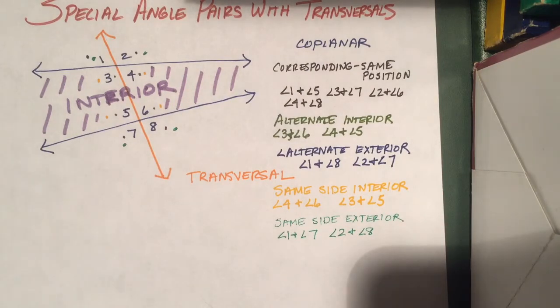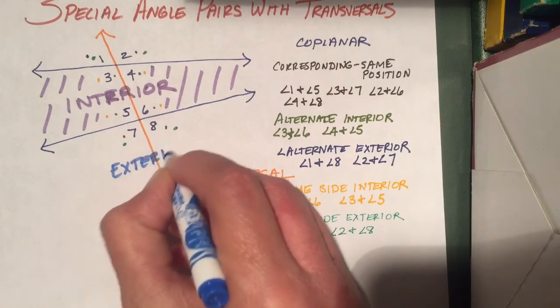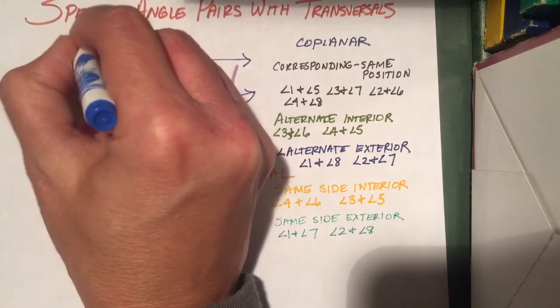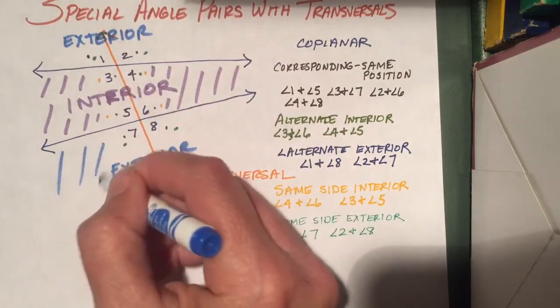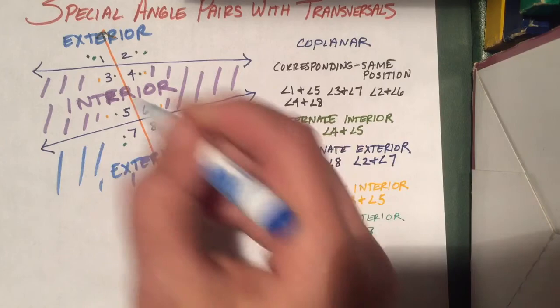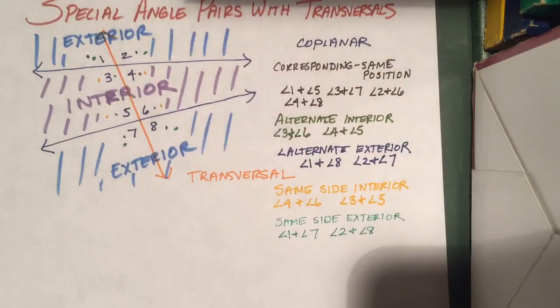So when we're looking at alternate interior, alternate exterior, etc., we're looking on the interior. Everything else out here is the exterior portion of the picture. So when we talk about alternate interior and alternate exterior, you should be able to look at the picture and determine what's an interior and what's an exterior.